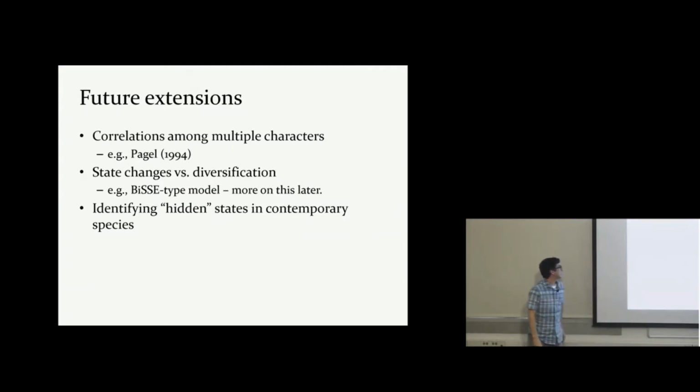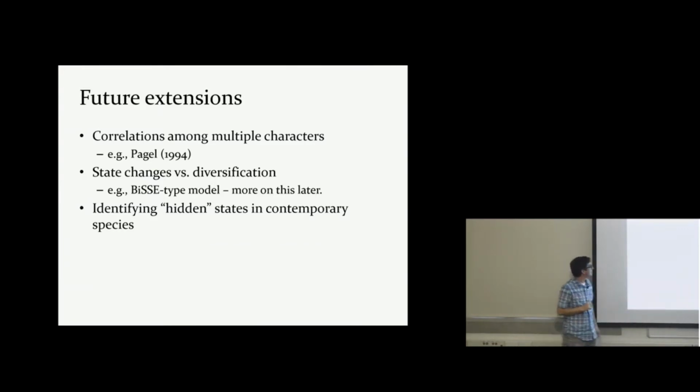So, some future extensions. One is correlations among multiple binary characters. I just showed woody versus herbaceous, but if you had some other binary character, like deciduousness versus not being deciduous, you can look at the correlation between those two characters, and you can use a hidden rates model and see where that correlation might be changing in different parts of the tree.